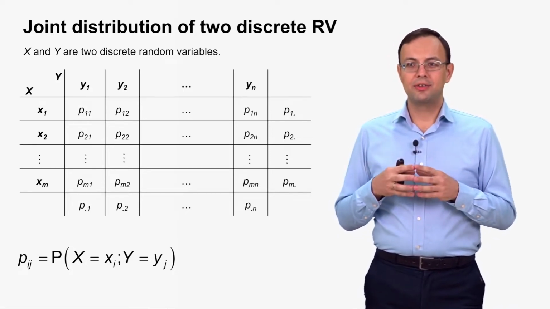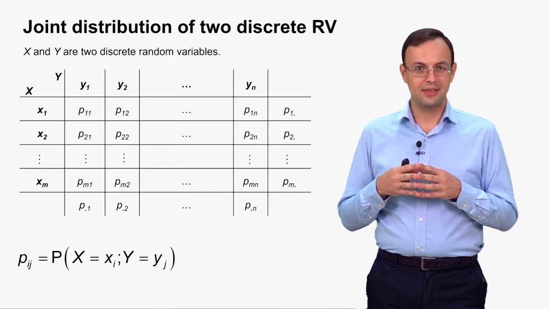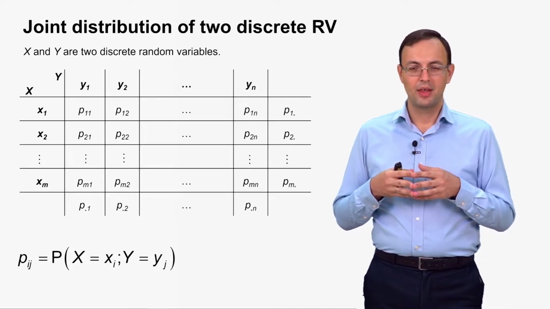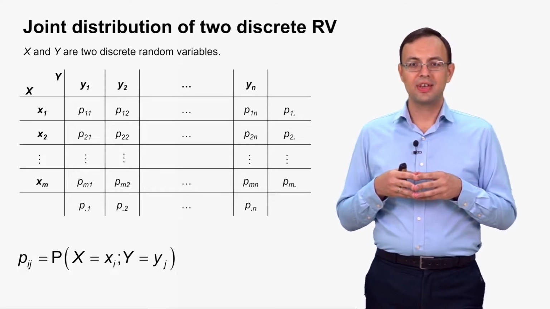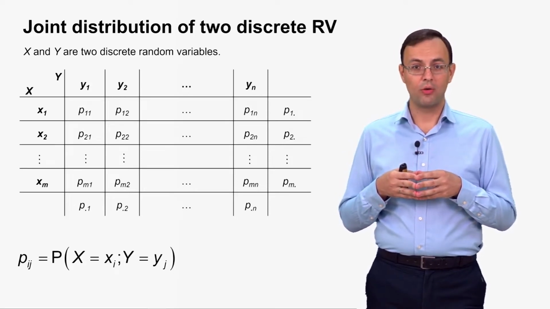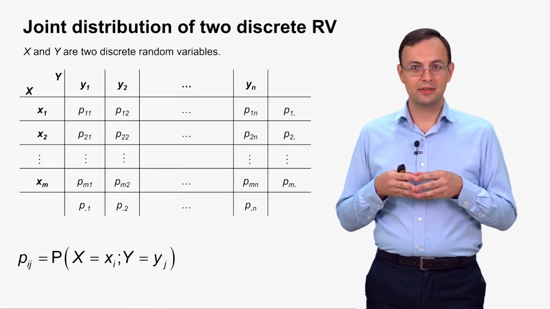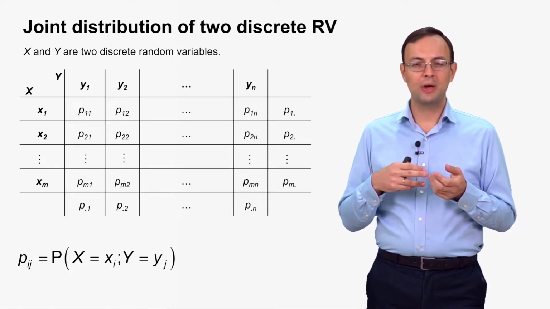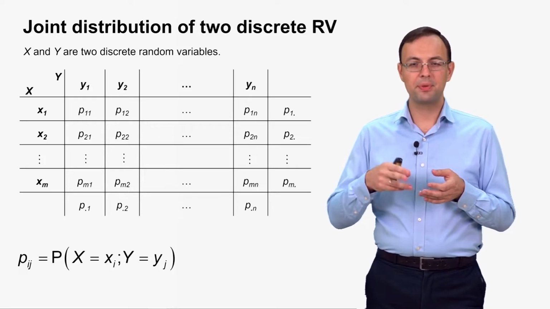What are these probabilities with dots in indexes that you can see in the last column and last row of this table? These are sums of probabilities. So p dot 1 is p11 plus p21 plus up to pm1.